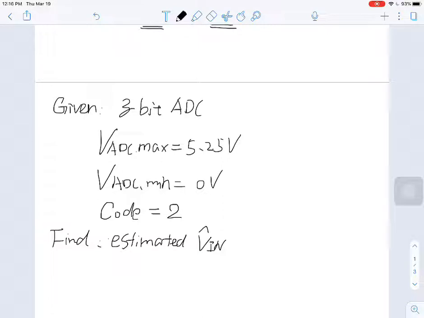So I want to ask you why it's the estimated analog signal. Can we just find out the input voltage signal by using that code? On pause here, I want you to think why we call it estimated. If you know the answer, you can unmute yourself and shout out the answer through Zoom, or you can just type it on YouTube.